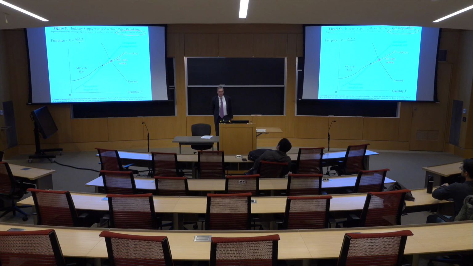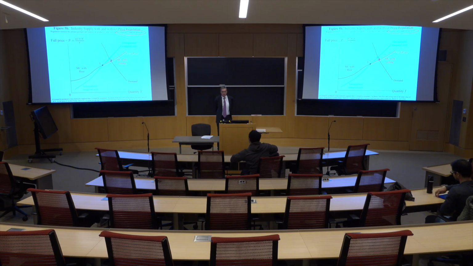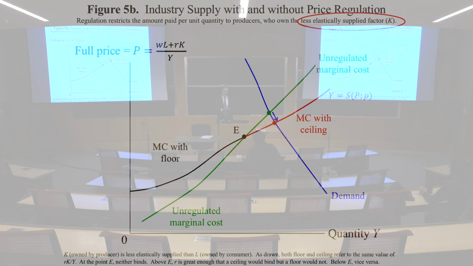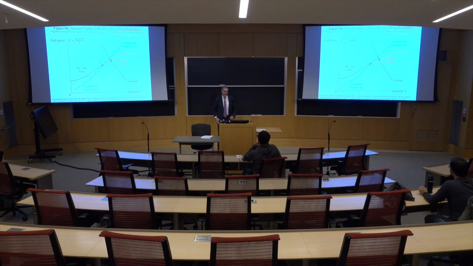Yes? I'm sorry, can you just explain the intuition for the shifting? So when it's elastic, it shifts this way? Yes. Okay, and the reason why is? The ceiling makes us use more of the consumer's input, which is inelastic. Okay. And so you're really driving up the price. What the unregulated market would like to do is stay away from that consumer input. But the regulator is saying, no, you've got to use consumer input if you want to be compliant. I see, because you put a ceiling. Yes.